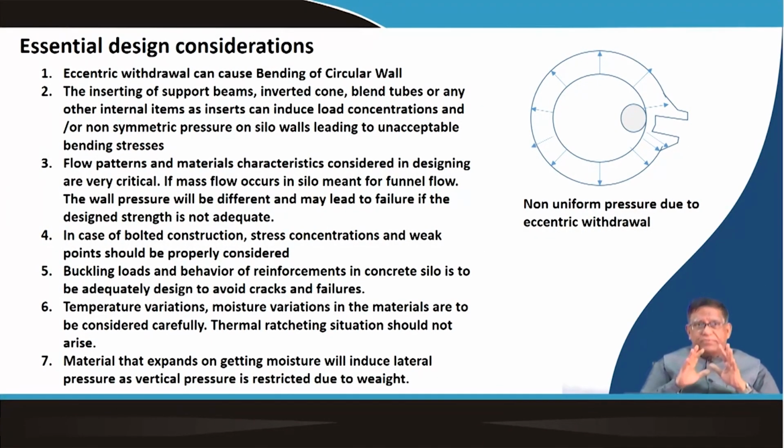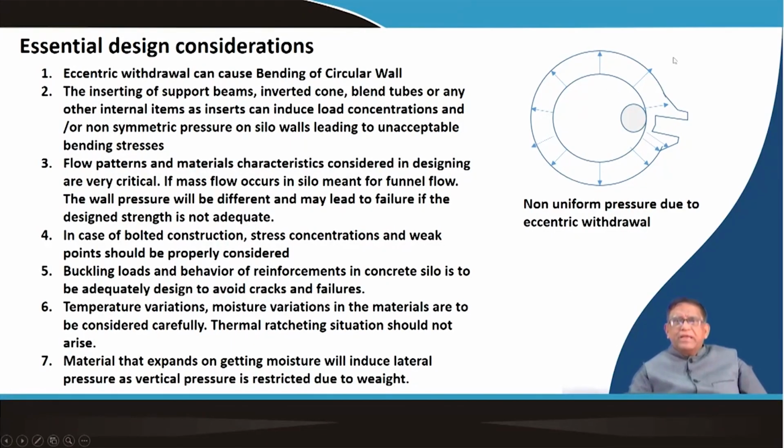As we have discussed, eccentric withdrawal can cause bending of a circular wall. Why? In the diagram you can see over here, this is your evacuation hole, and we are looking into the wall from the top. Suppose this is the concrete wall thickness. Now when the material is over here, stresses come all along, the radial stresses are going, but when you have this evacuation point, there is an eccentricity.